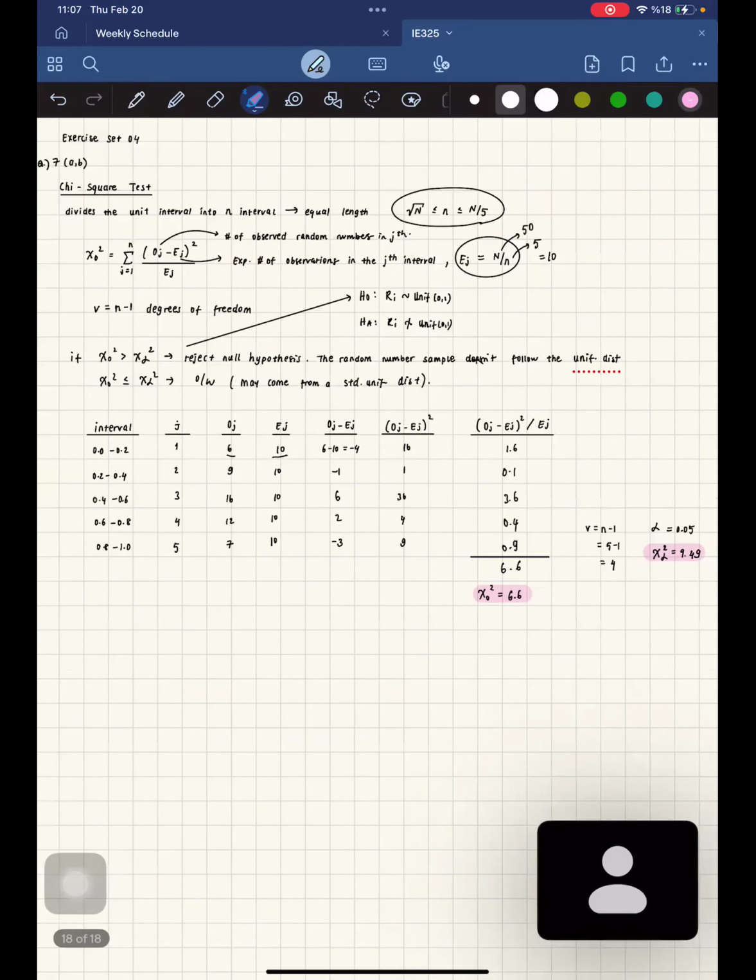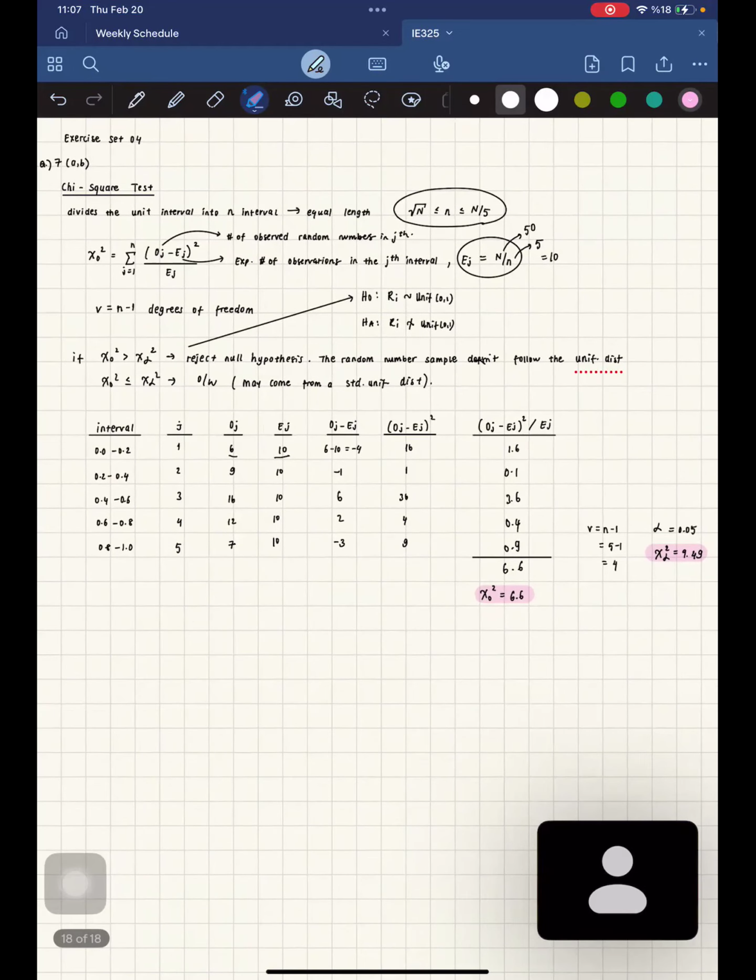And what we said here is that, so this conforms to the results, right? Yes. So if the test statistic is less than or equal to the critical value, we fail to reject the null hypothesis.